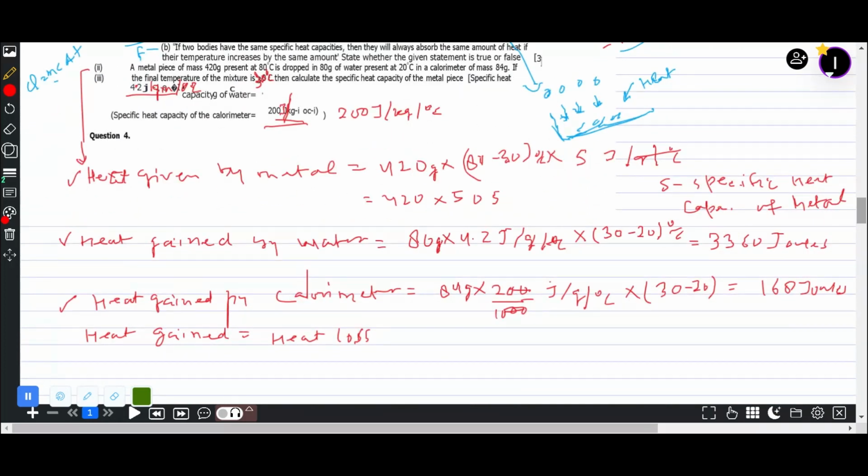I have not written the final one. Heat lost by the metal was 21,000 S joules. That is equal to 420 into 50 S joules, right? 50 S joules. That is equal to 21,000 S joules.